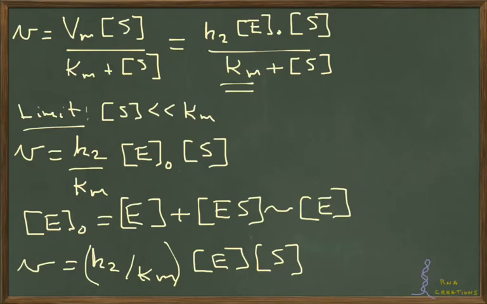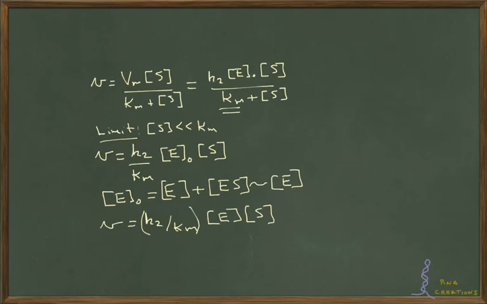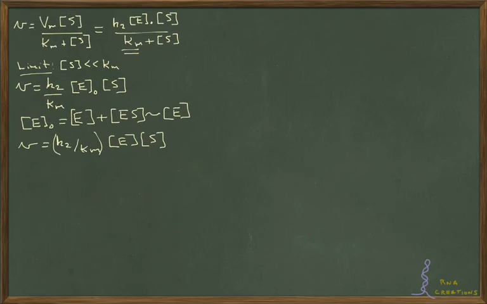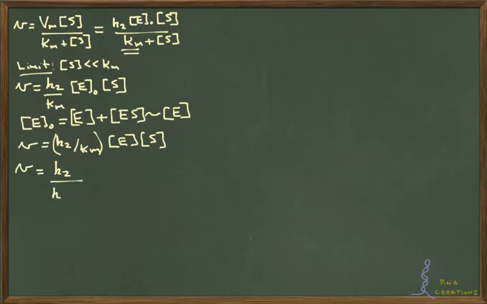Let me just zoom all this down. So there are further limits that we can take within this limit, if you know what I mean, because we know that Km is equal to k2 plus k minus 1 over k1.